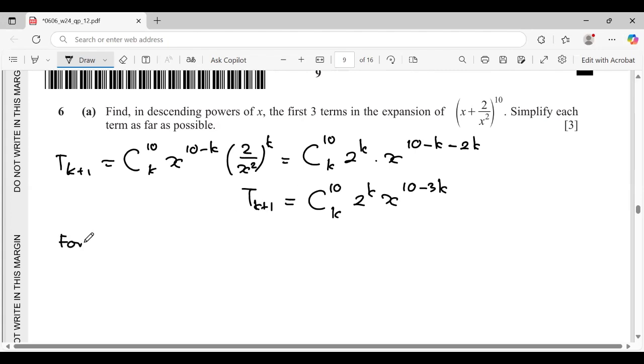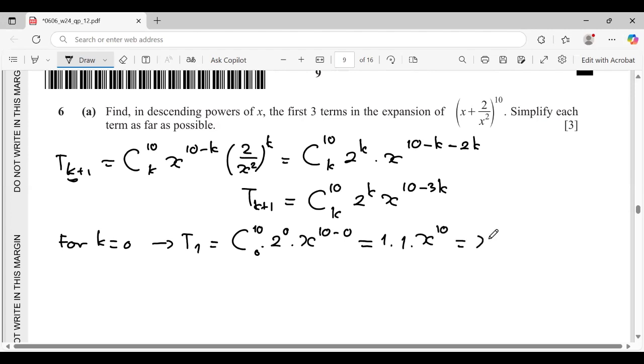Now for k equals 0, it becomes T1. T1 is combination 10, 0 of 2 to the power 0 of x to the power 10 minus 0, which becomes 1 times 1 times x to the power 10, so x to the power 10.